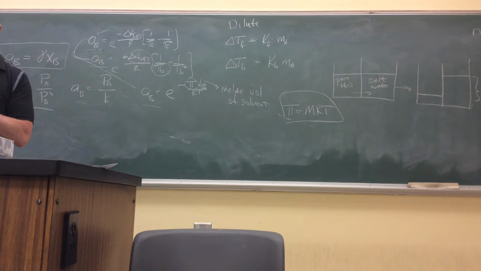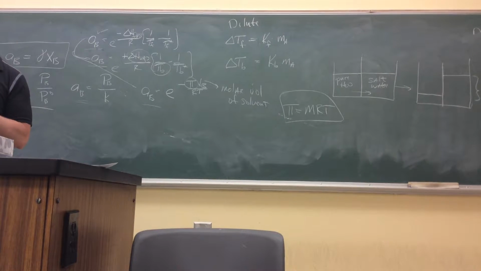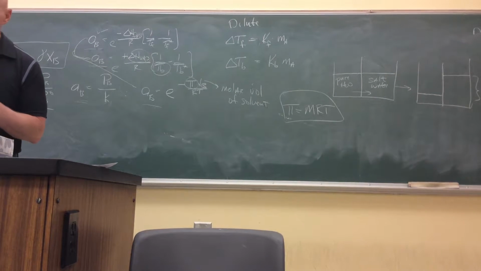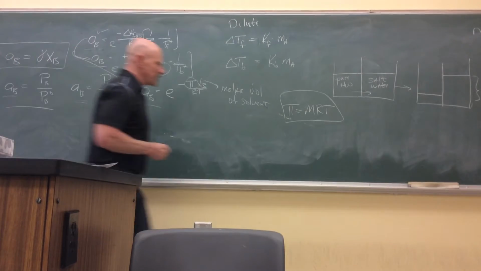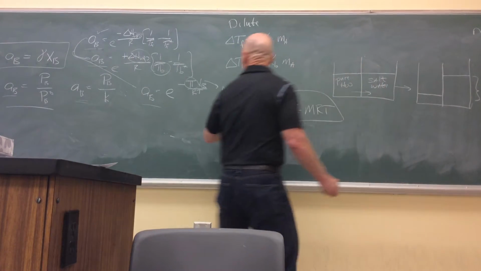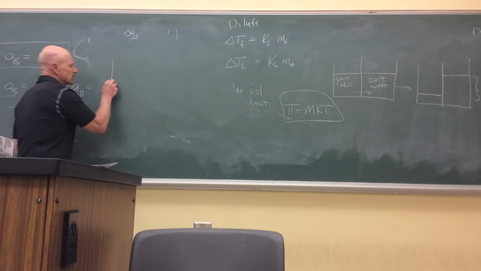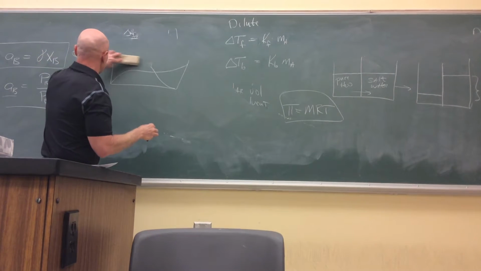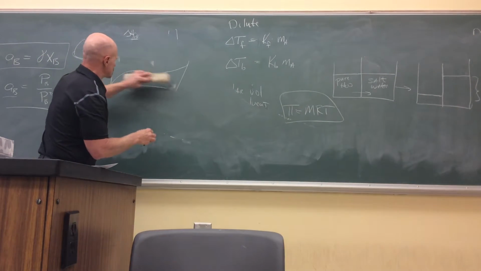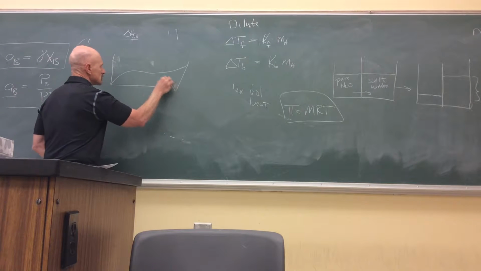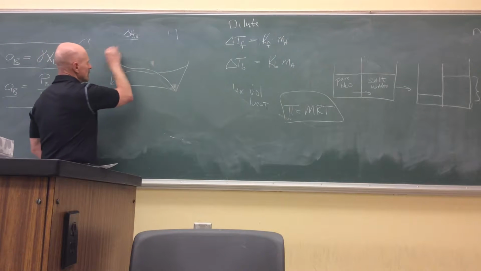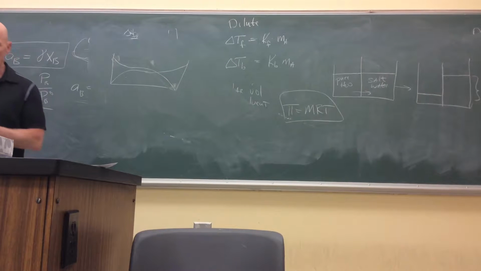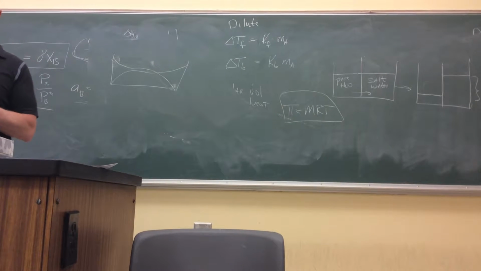In problem 7, I gave you a non-ideal vapor pressure diagram. Let me just outline it here. You're going to do this. And this stuff we'd already talked about, but just to give you a reminder. So let's say I have something like that. Okay, I'm just asking you to simply draw in the Raoult's law line.